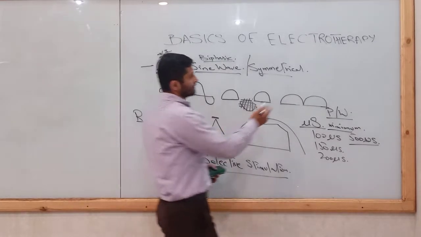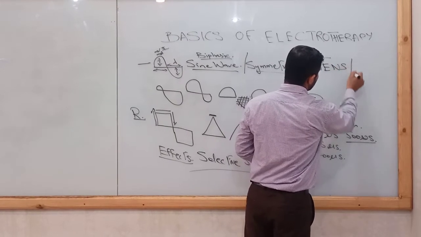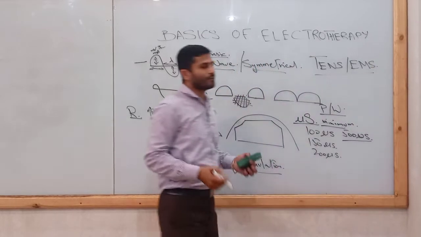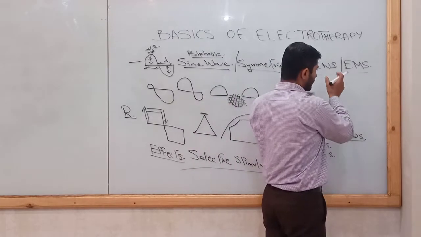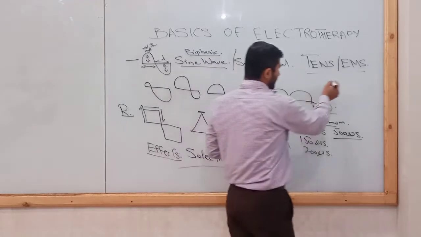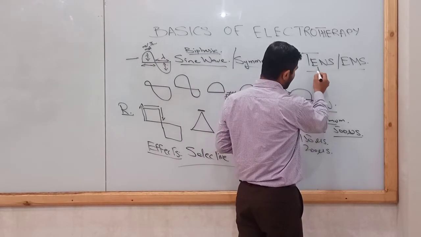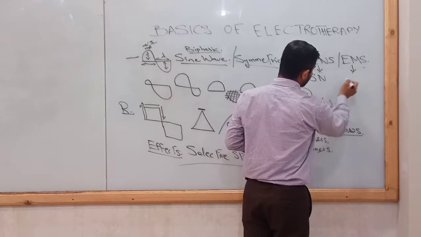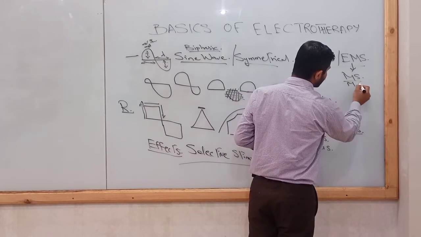For example, it's common that we have TENS and we have EMS in a single device. So what is the difference between TENS and EMS? They also share some common characteristics, but depending upon these parameters that we discussed, TENS mainly targets the sensory nerves and EMS is mainly targeting the muscles, or you can say motor nerves as well.